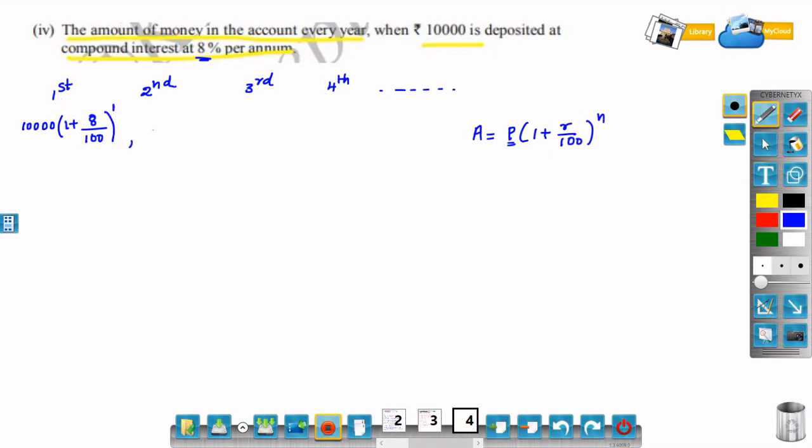For the second year, the principal is the same, 10,000 into 1 plus 8 by 100, and the number of years is 2. For the third year, 10,000 into 1 plus 8 by 100, number of years 3.